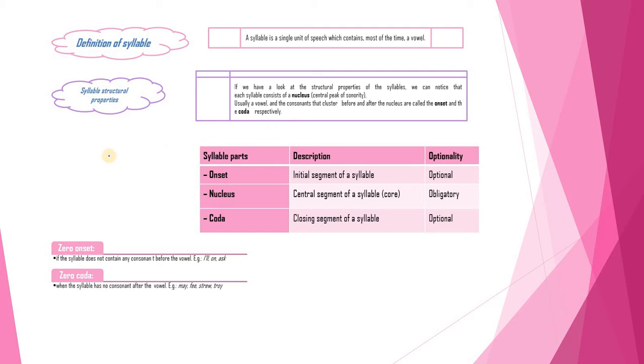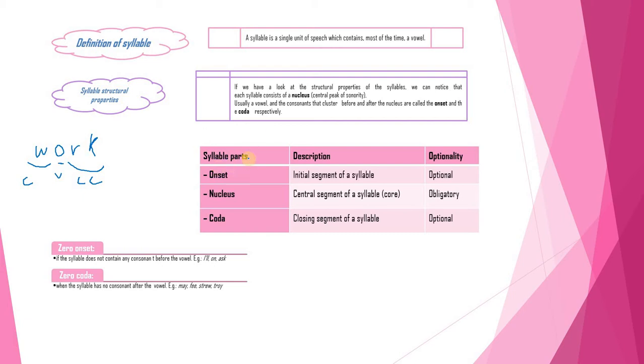Okay, imagine that we have the word, for example, work. Here we have a consonant, and here we have two consonants. In the middle we have a vowel, and here two consonants. Okay, this is an example.